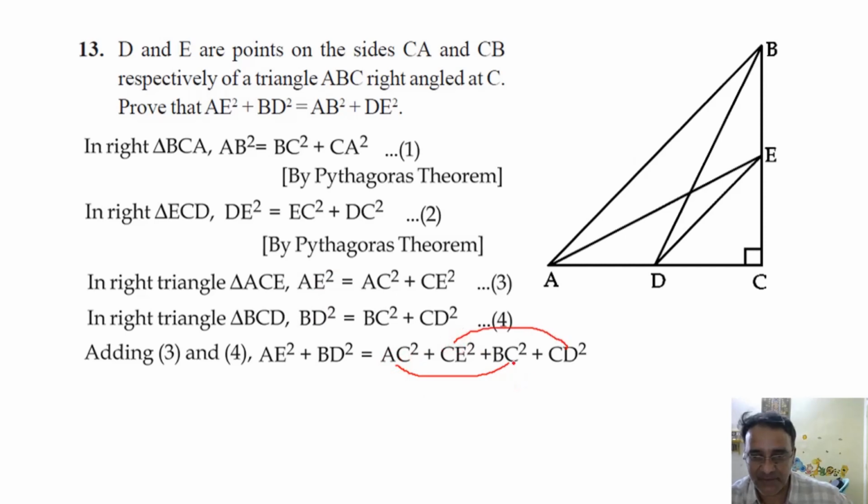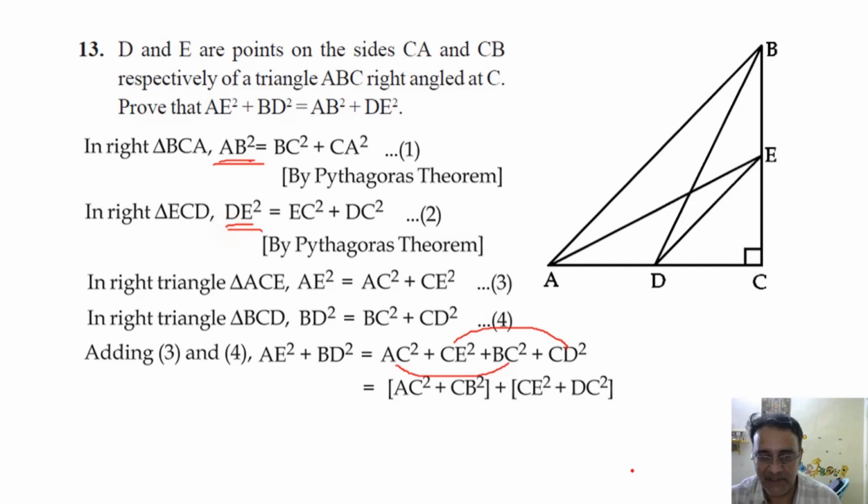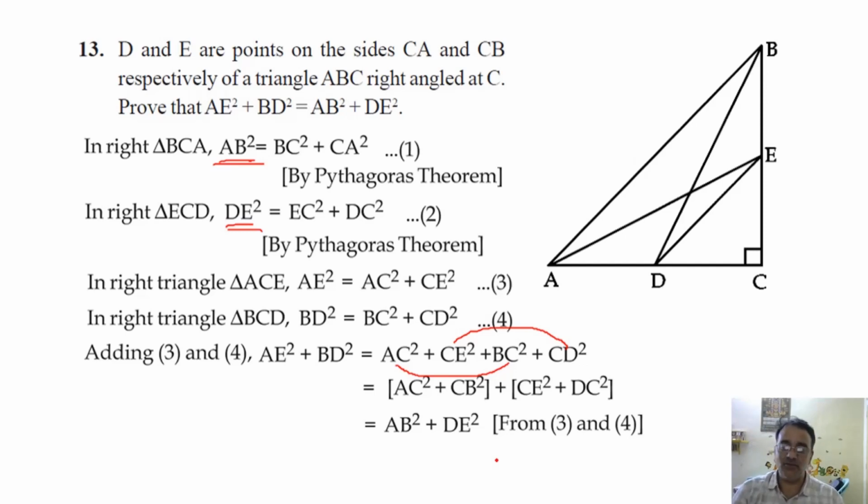AC square के साथ में BC square और CE square के साथ में CD square. So these two will become AB square and these two will become DE square. Like that we will make pairs and we can write by using equations 1, 2, 3 and 4. Okay, any doubt here?